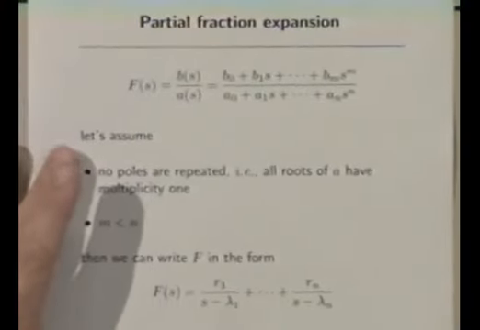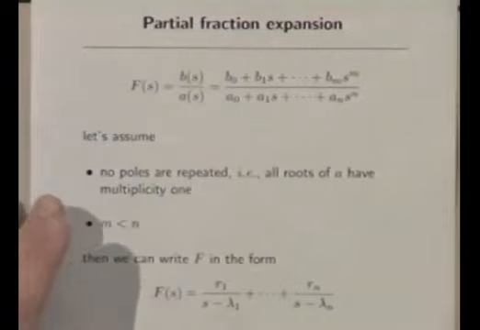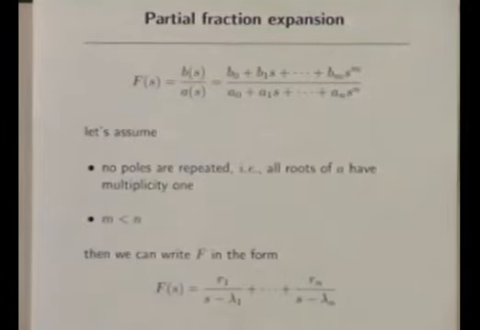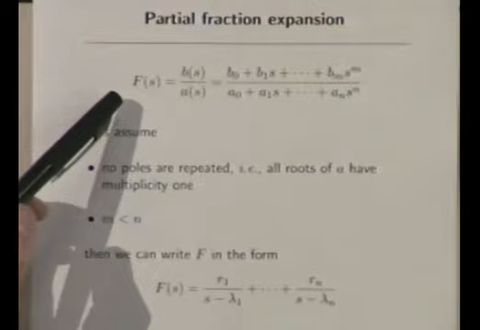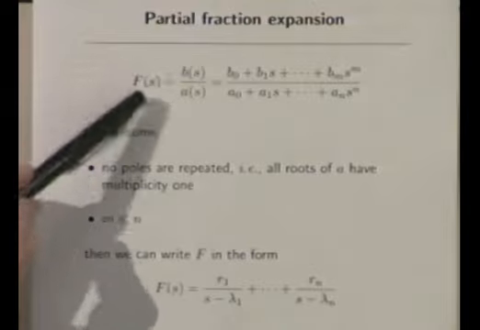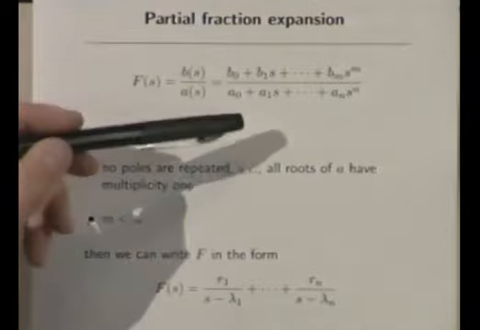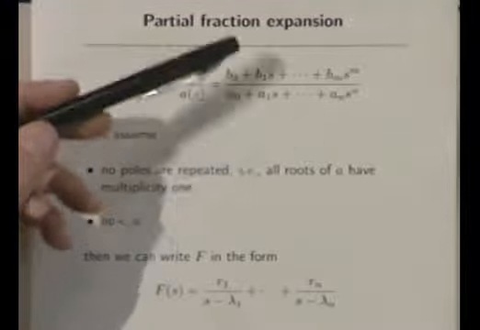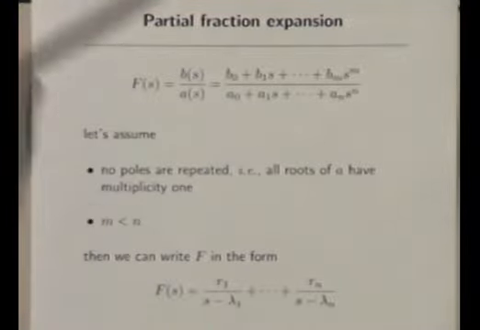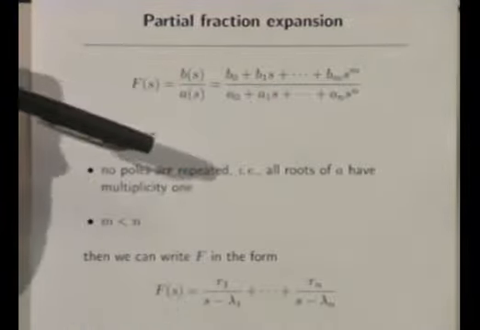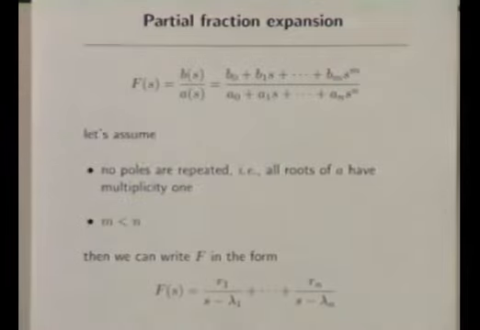Okay. Partial fraction expansion. There are lots of ways to write down rational functions. You can write it as a ratio of 2 polynomials, and then you have choices as to how you represent the numerator and denominator. Do you write them in this form? Do you factor them? Do you put it in real factored form? Who knows, right?